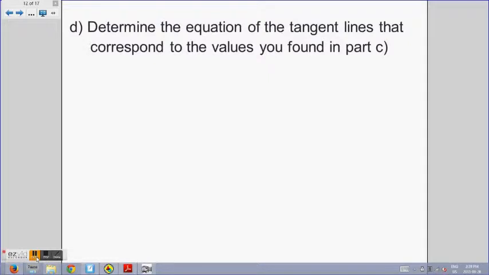Part D, we are to determine the equation of the tangent line that corresponds to the values you found in part C. Remember that the tangent is a straight line, so we can come up with an equation for it.